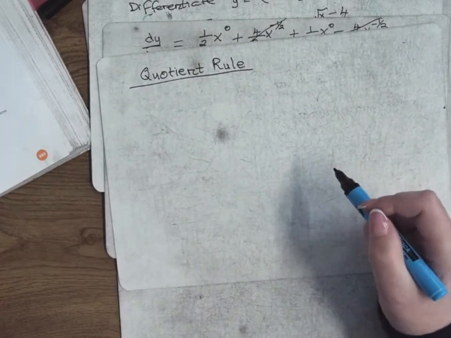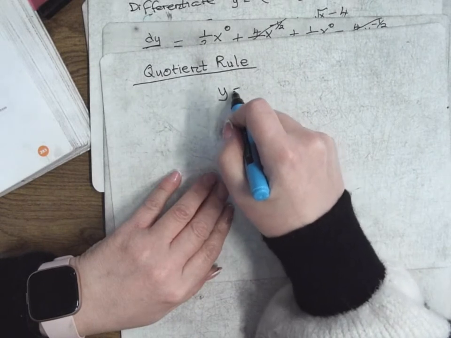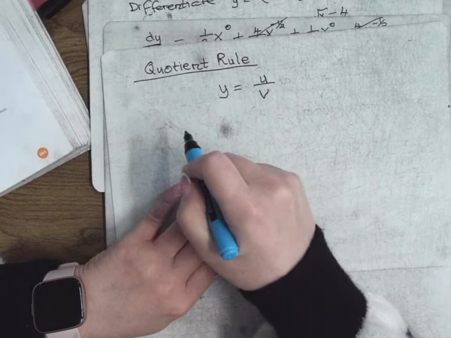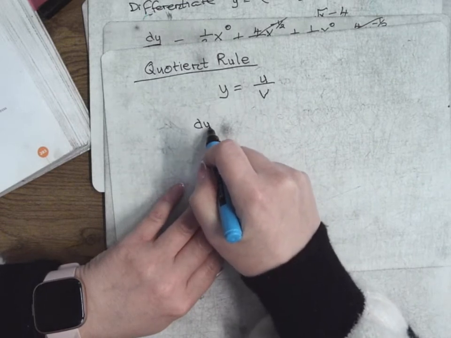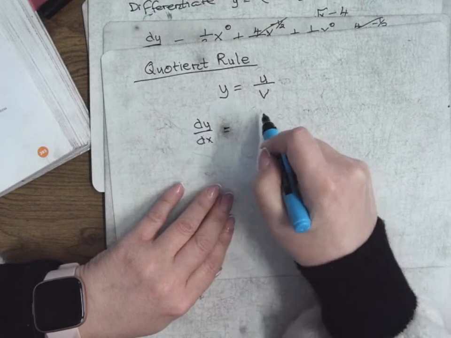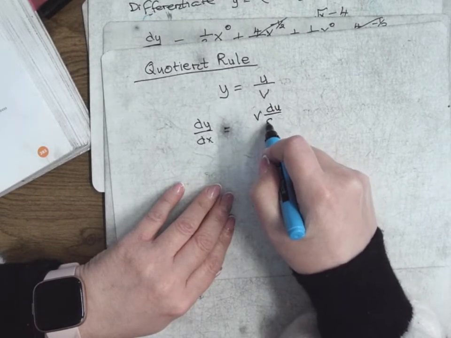No? Right, okay. So the quotient rule is if you have a number on top divided by a number on the bottom, right? Okay, to differentiate that, it's the number on the bottom multiplied by the derivative of what's on top.